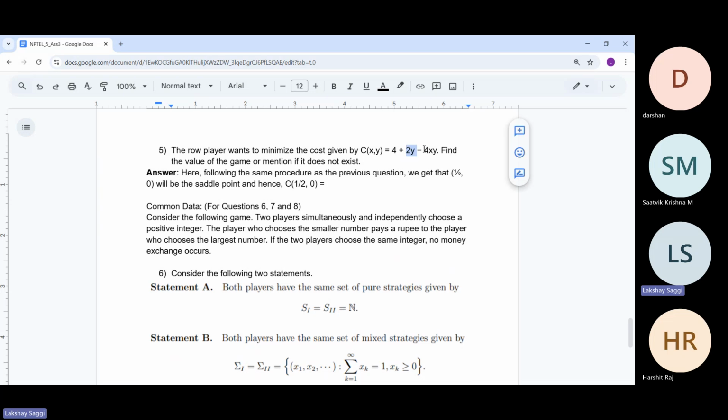So if you put y as 0, all of this becomes 0. So this will actually be equal to 4.